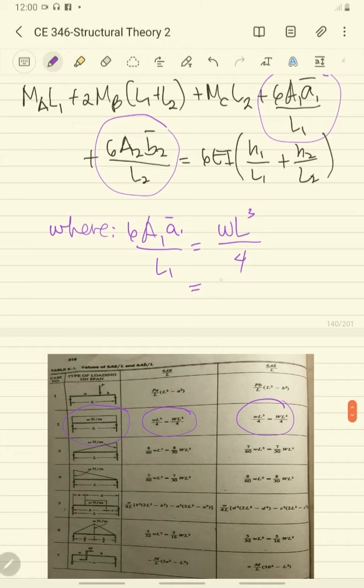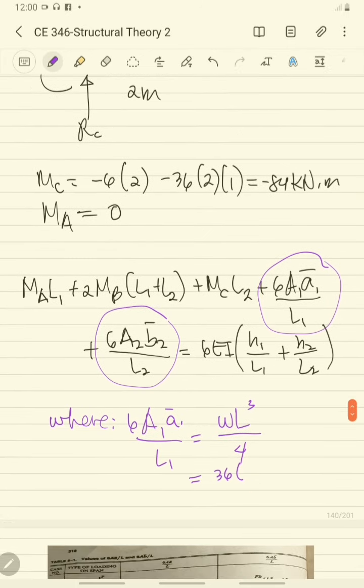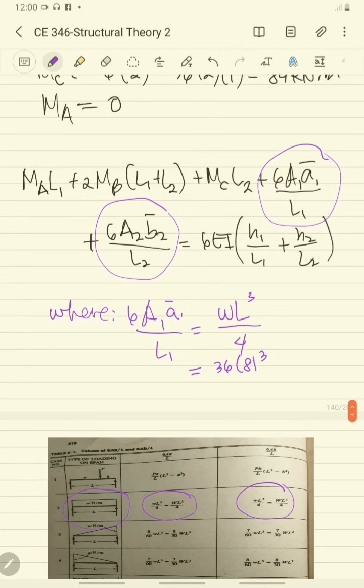Then the length is 8, so you have 8 cubed over 4. So this is 36 times 8 cubed divided by 4.